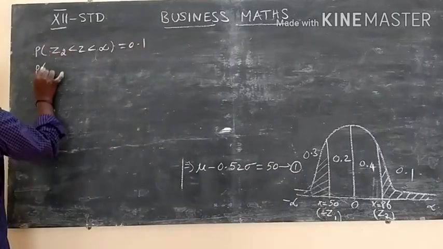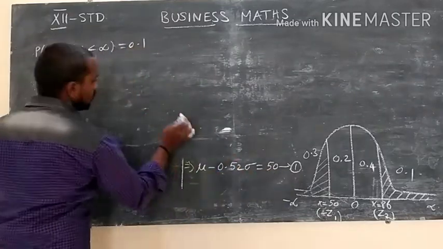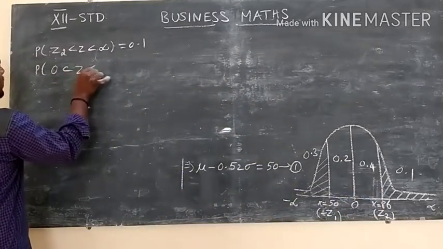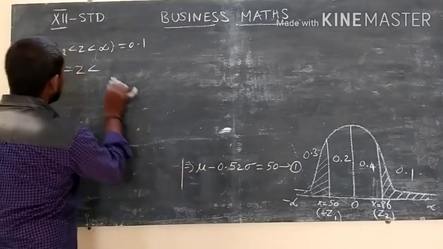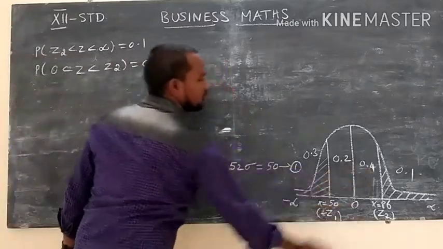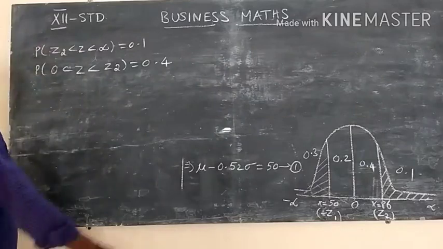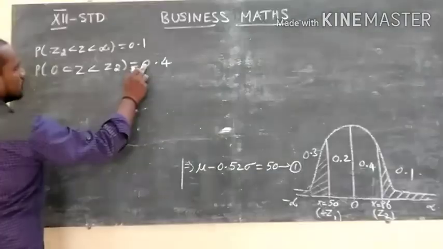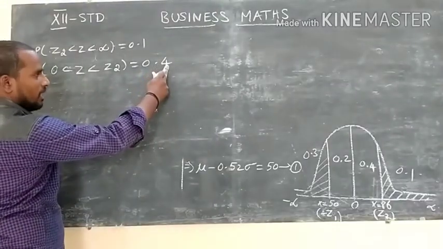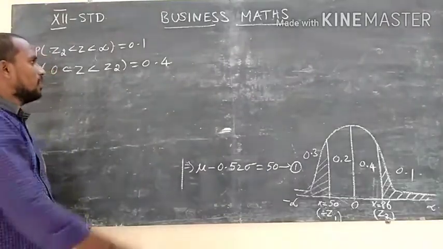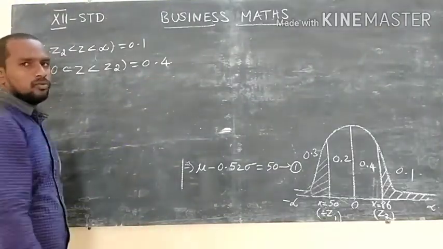Then the probability of 0 less than Z less than Z2 equals 0.4. So now 0.4 is your table answer. So using the standard normal table, find out where we obtain 0.4.